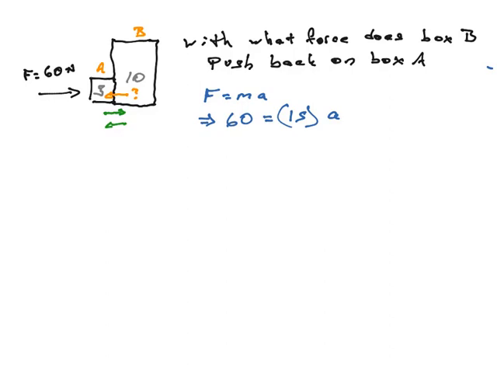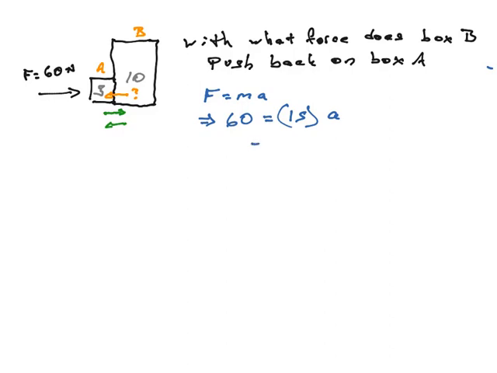So what we can do is figure out, if you apply this 60 newtons of force, the two boxes together, that system will move with an acceleration. They'll move together. It's not like box B will move faster than box A. No, they're up against each other. They're going to slide together, obviously. So what acceleration will the two boxes feel?